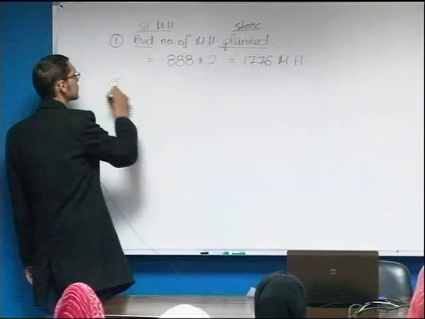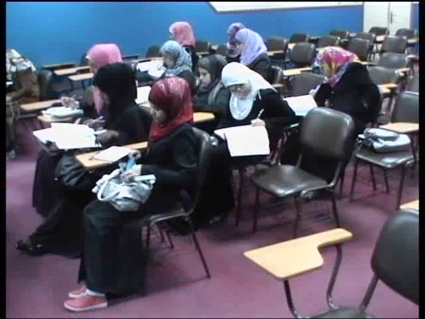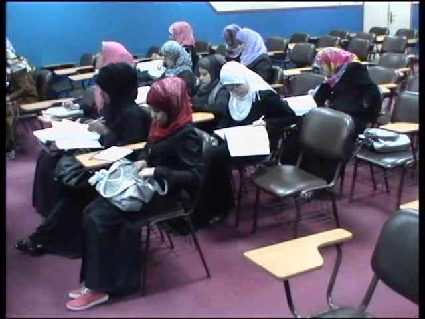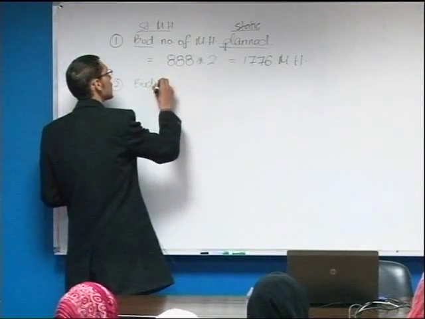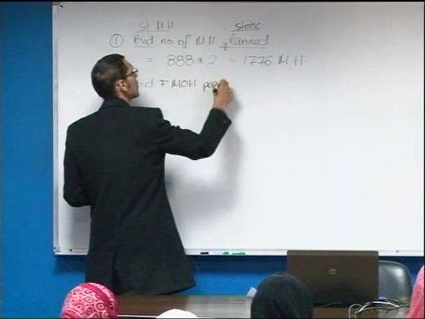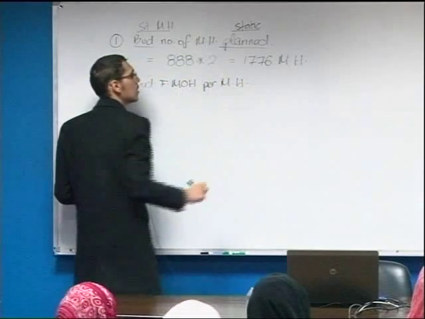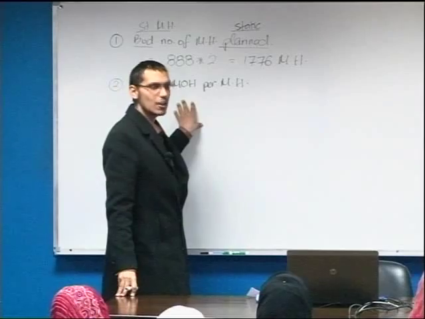Number 2. Budgeted fixed manufacturing overhead cost per machine hour. Therefore, they need the budgeted fixed manufacturing overhead per machine hour. This means we need to calculate the budgeted allocation rate.